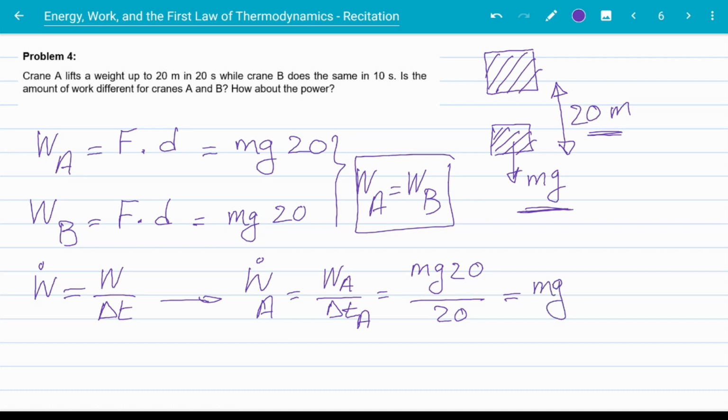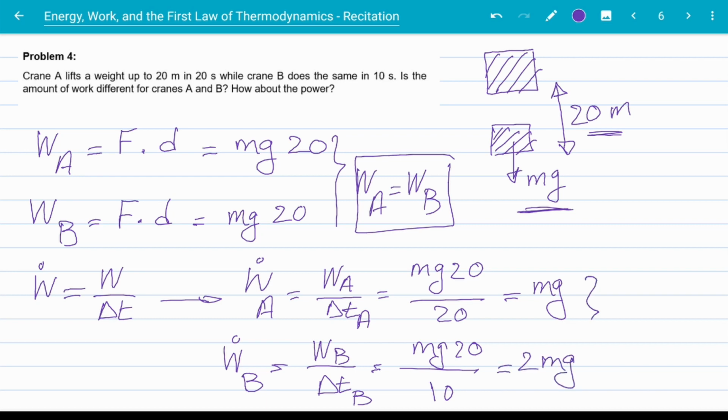Gives you mg. Power of crane B is work of crane B over delta T of crane B, which is mg20 over 10 seconds this time, which is 2 mg. So we can conclude that the power of crane B is twice the power of crane A.